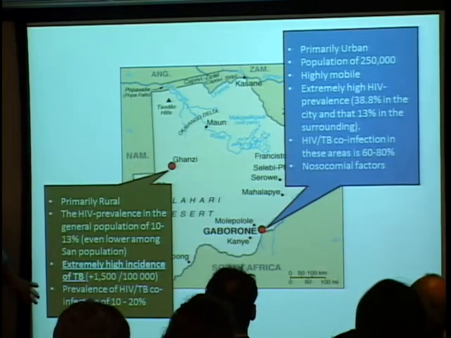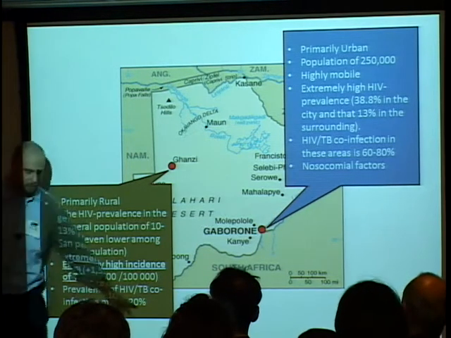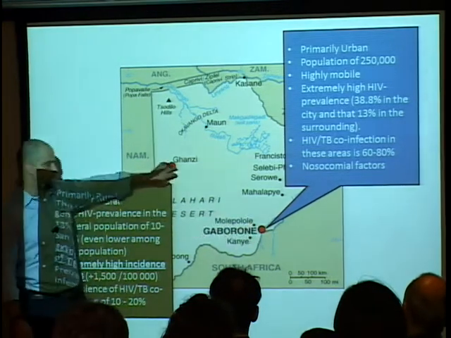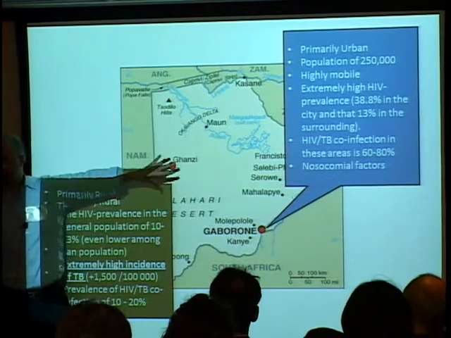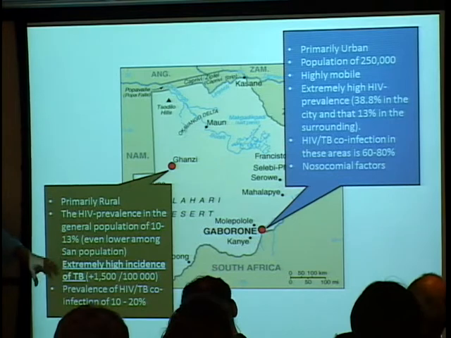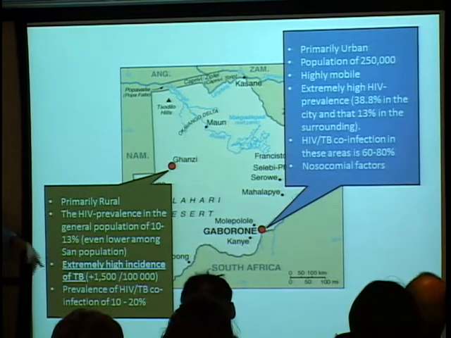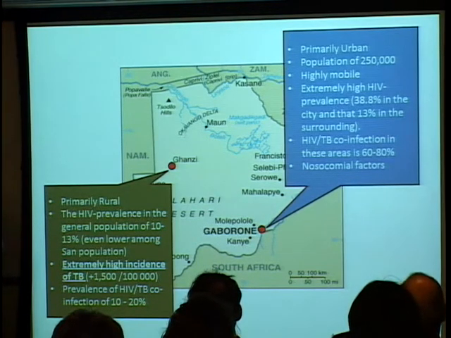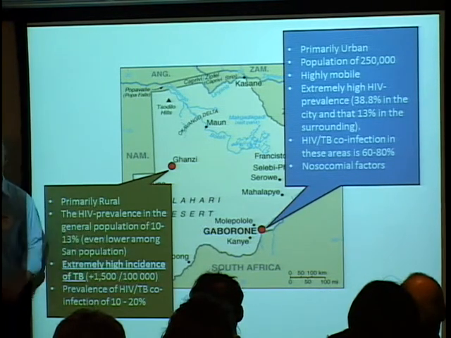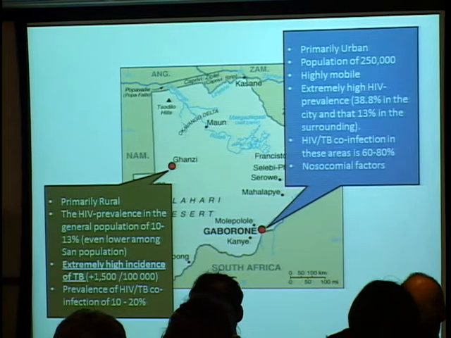And because of their social behaviors, they have HIV rates that are low, or relatively low, because it's 10 to 20%, but most of these 10 to 20% are people that have migrated from here to here. They tend to be located there, not mixing with other populations, and the TB rates that are not associated with HIV are extremely high, over 1,500 per 100,000 people.